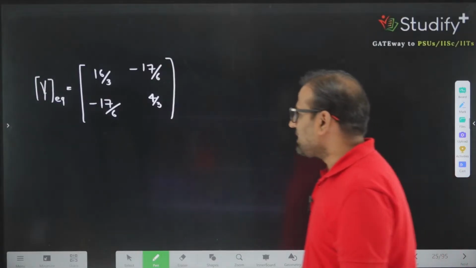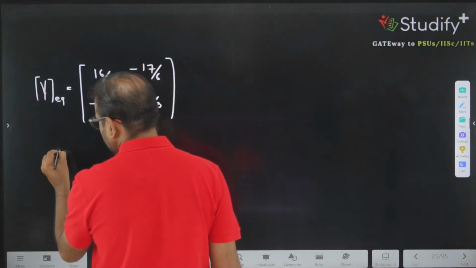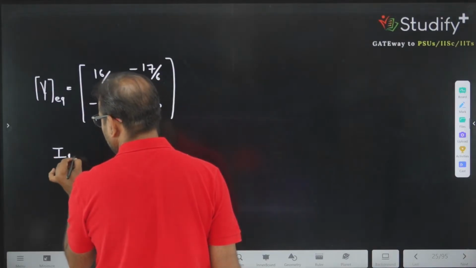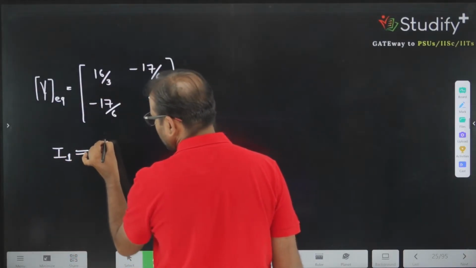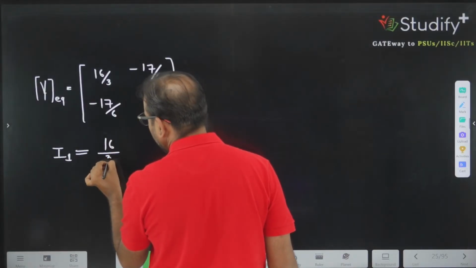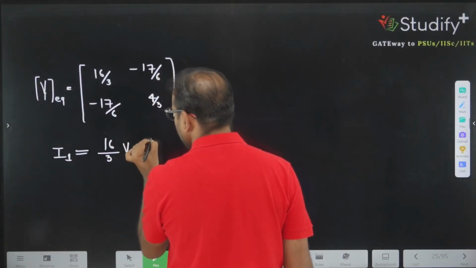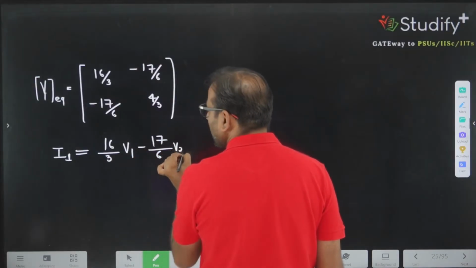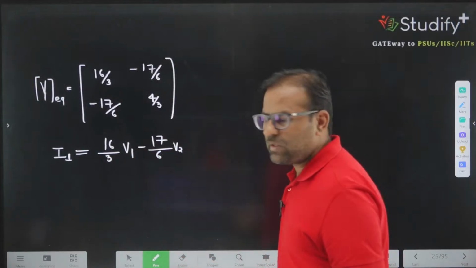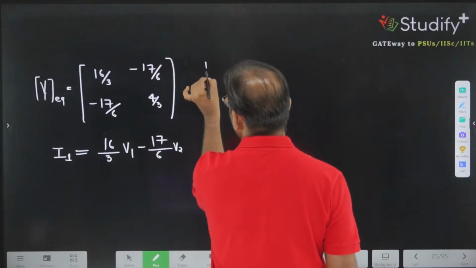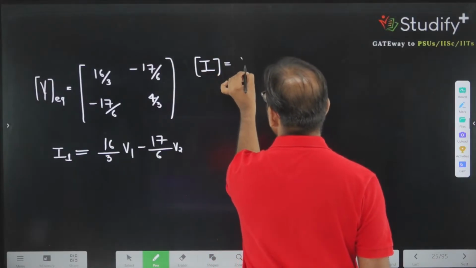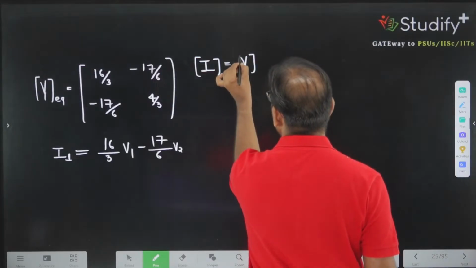Now can I say this Y parameter is nothing but I1, I2. I1 is equivalent to what? 16 by 3 V1 minus 17 by 6 V2. Because when I am writing the Y parameter, what is the format? The format is I is equivalent to Y into V.